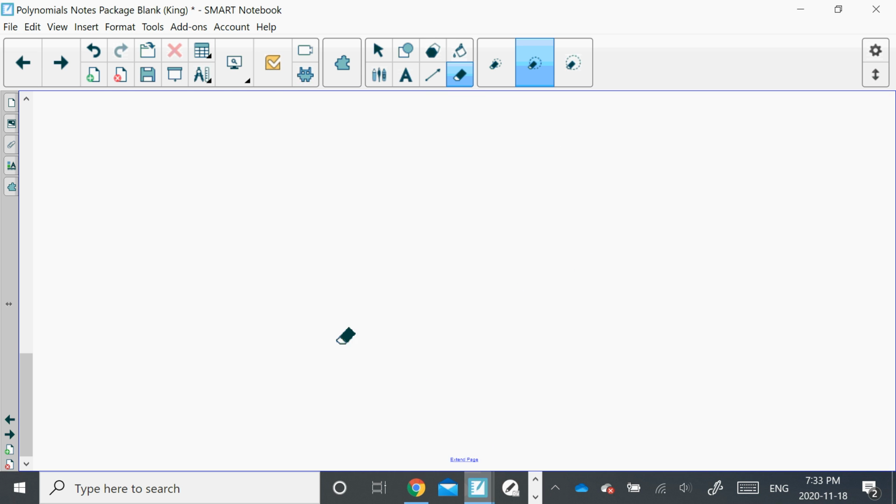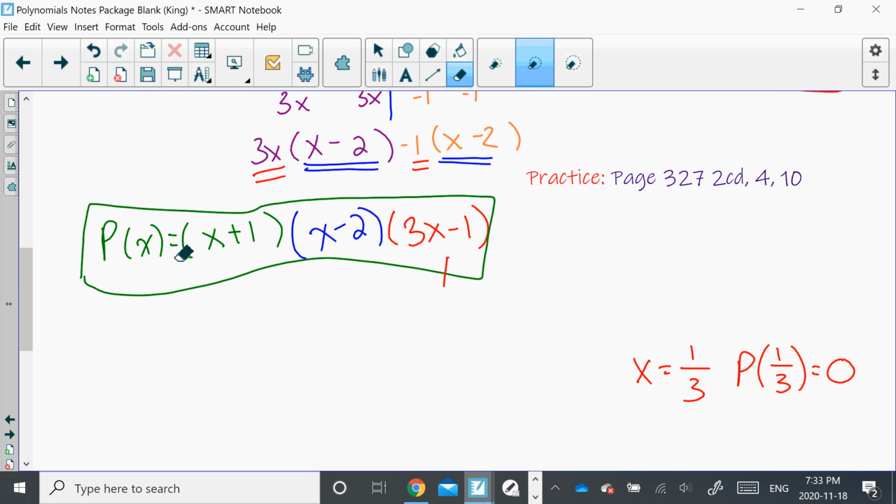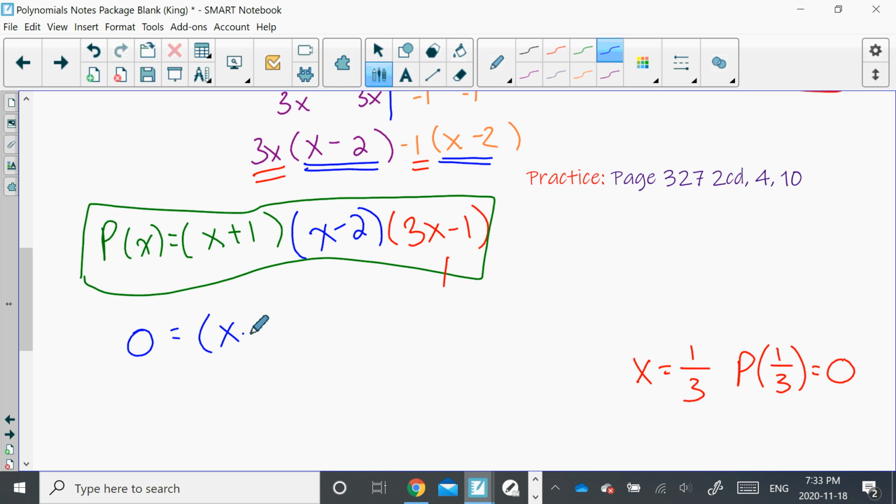is you need to, solving means we need to find the zeros. So you're going to take your fully factored equation and you're going to put 0 is equal to x plus 1, x minus 2, 3x minus 1. You must write this when you're solving.